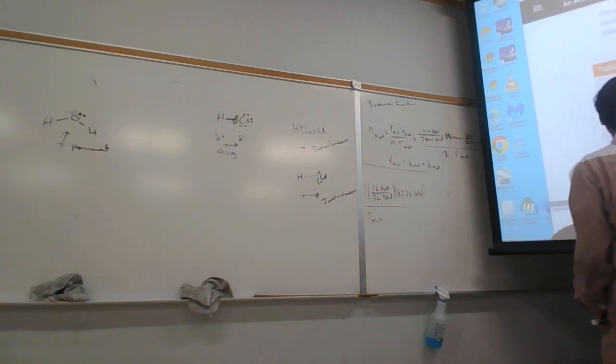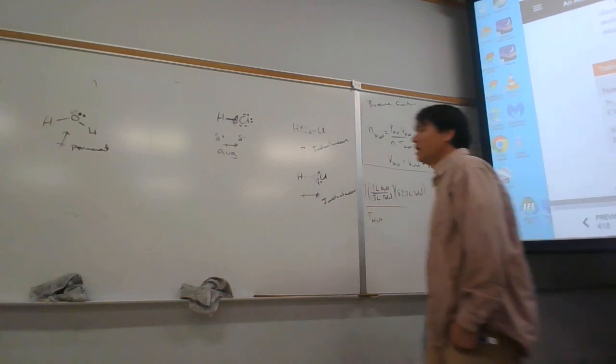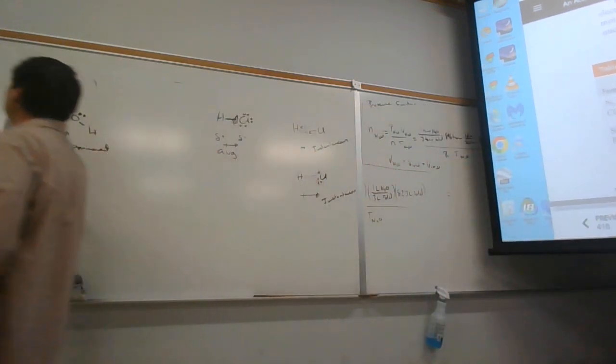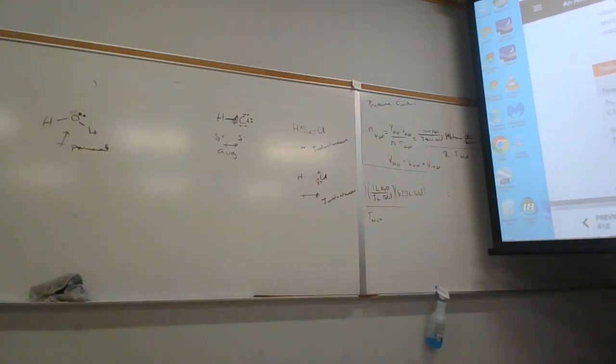However, if we go looking here, nitrogen has no permanent dipole. And how do we explain the stickiness of nitrogen? So this comes to number 2. Number 2 deals with instantaneous dipoles.